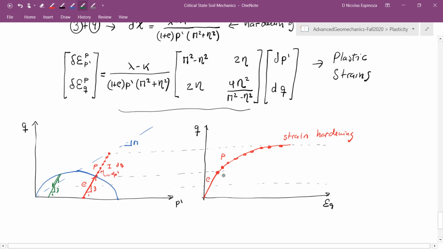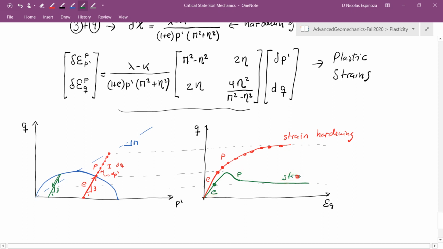But what you're going to get will be something like this. As we have seen before, you're going to have an elastic part, then this is going to go through a peak, and then it's going to go into a softening. And eventually go into the critical state, where here is going to be the end of the elastic part.